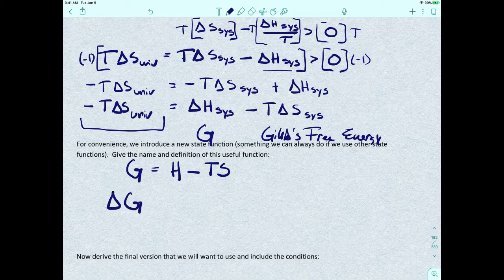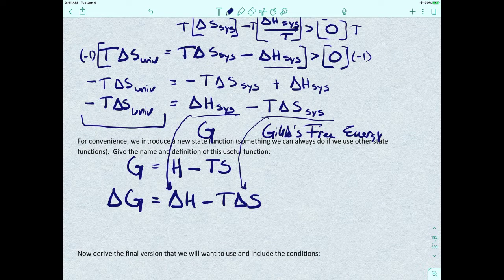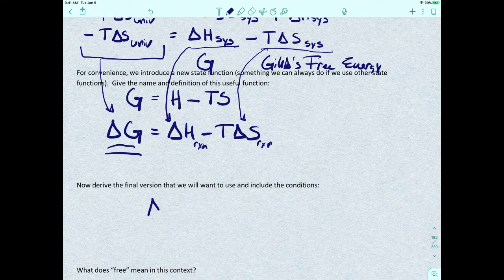So that means that delta G is equal to delta H minus T delta S. Delta H of the system is delta H of the reaction, T delta S of the system is T delta S of the reaction, and a negative T delta S of the universe is your delta G. So this delta G is what we want. The final version of this equation: delta G is equal to delta H minus T delta S.